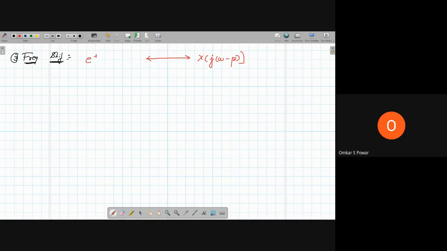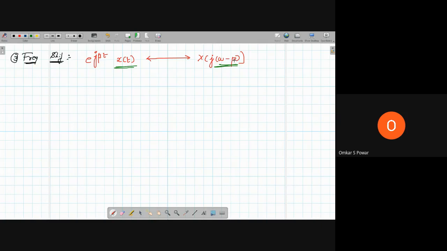You have to multiply by e power j beta t into x of t. Or if you multiply by e power j beta t into x of t for your given time domain signal, then correspondingly in the frequency domain you have to subtract that factor, omega minus beta.